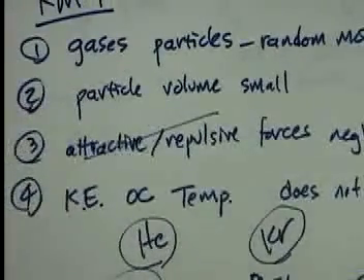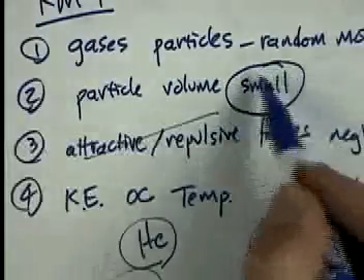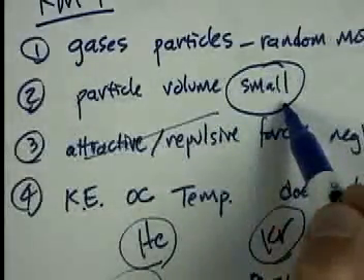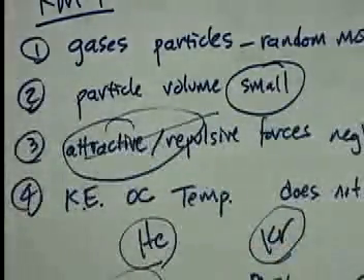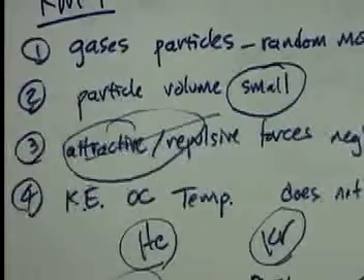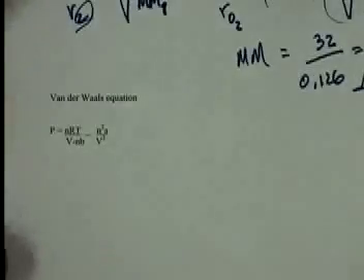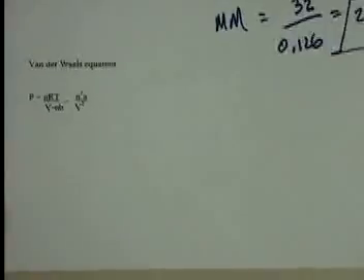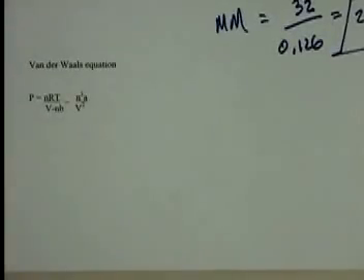But what about in the real world, where the particle volume maybe can't be ignored, or where the attractive repulsive forces can't really be ignored? Well, we're lucky. A gentleman named van der Waals came up with an equation to take into account these small differences that we sometimes ignore and might not rightfully ignore.